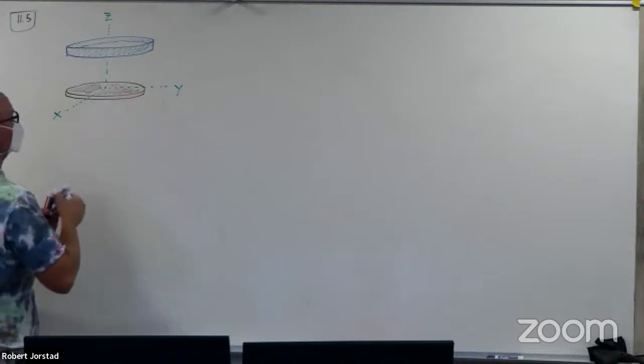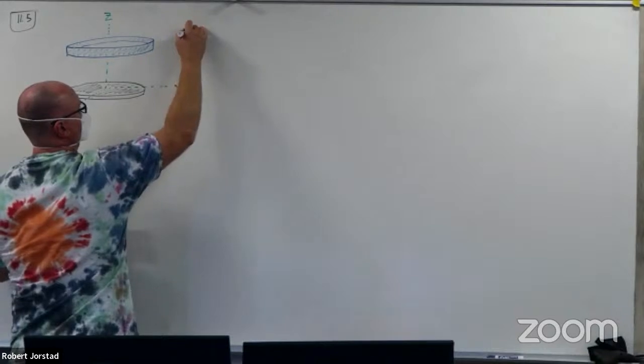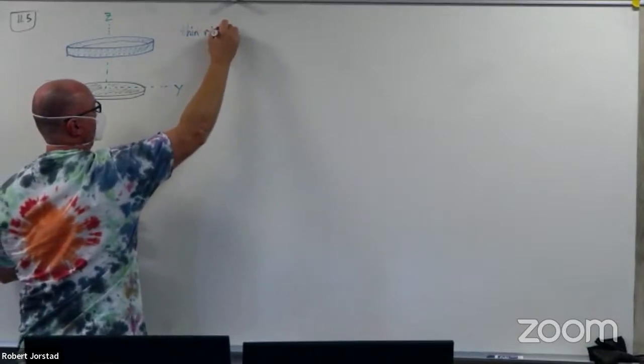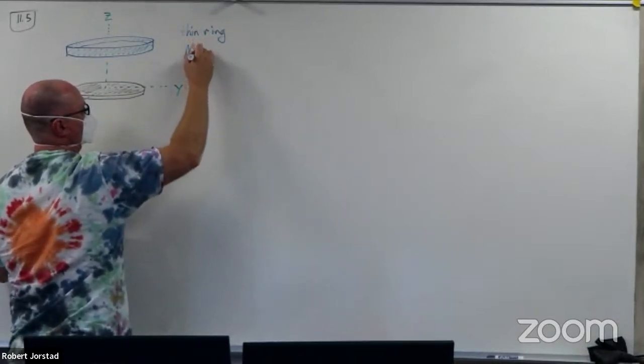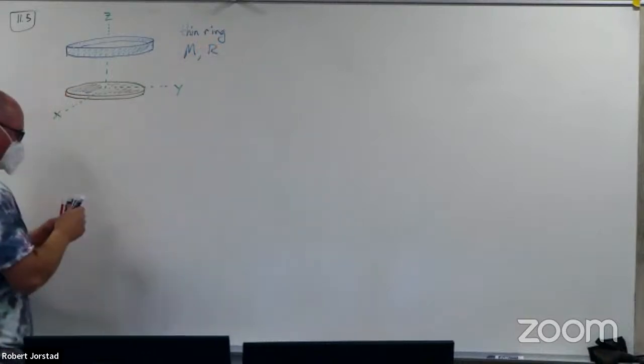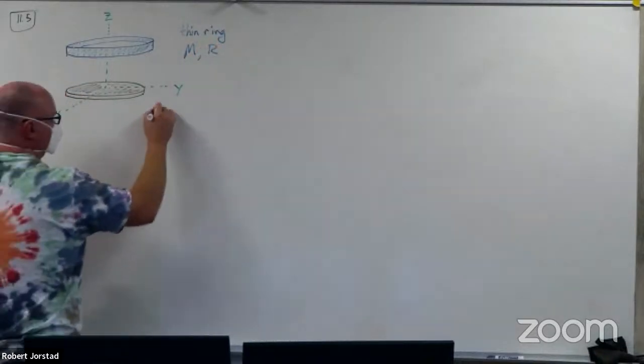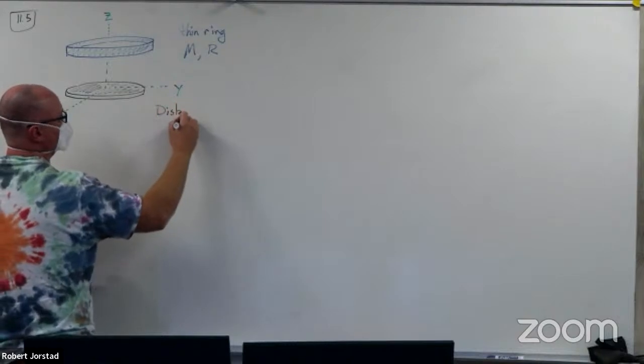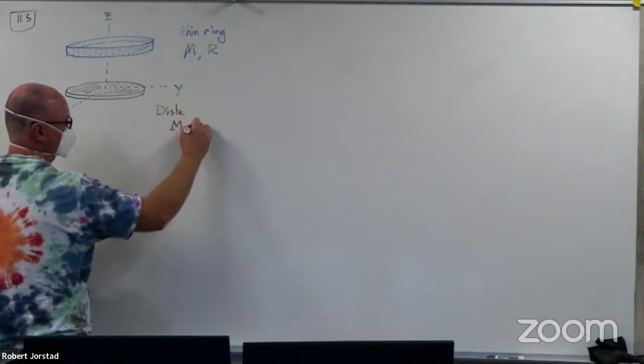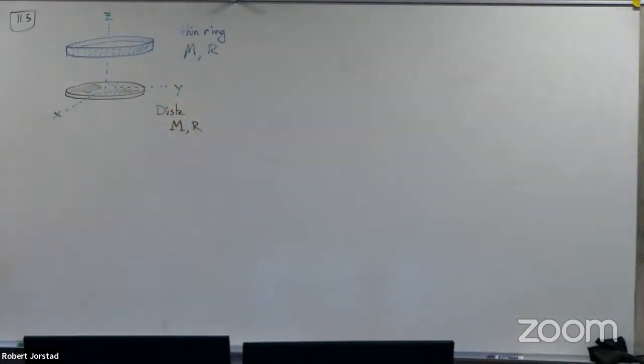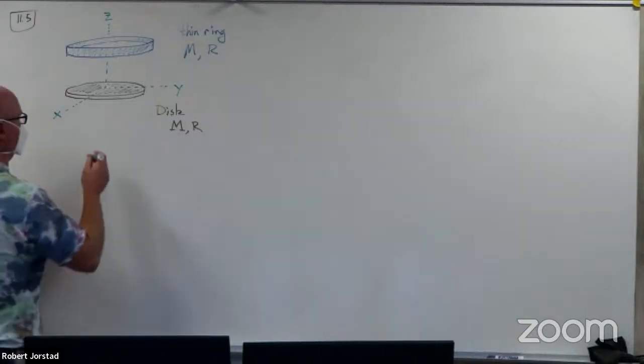To clarify that, the thin ring has mass capital M, radius R. This is a disc, mass M, radius R. And I believe I had the disc rotating, right?